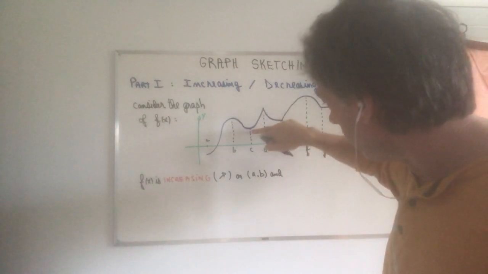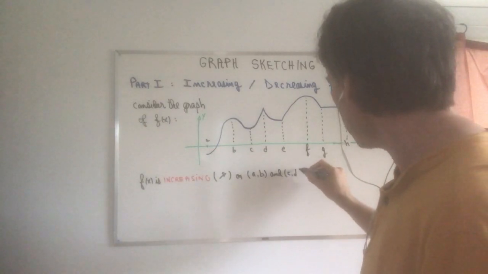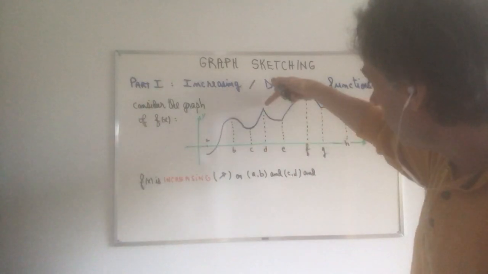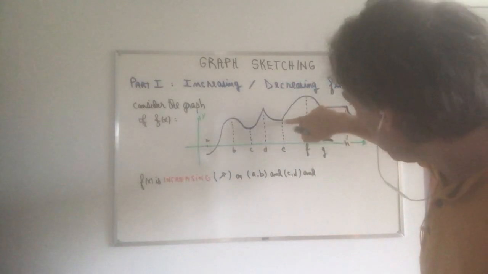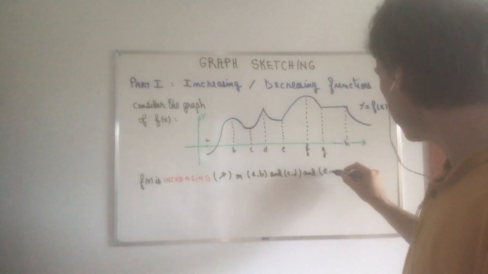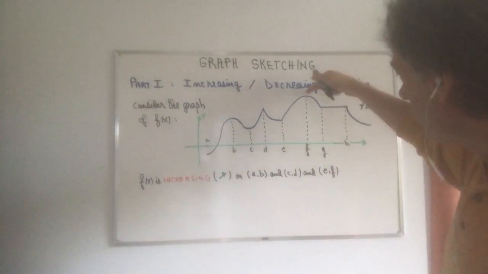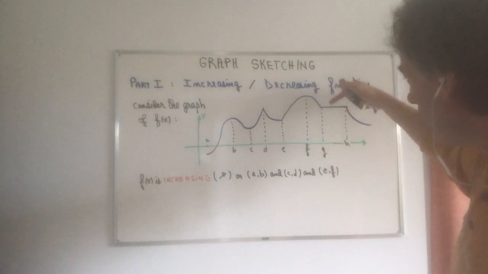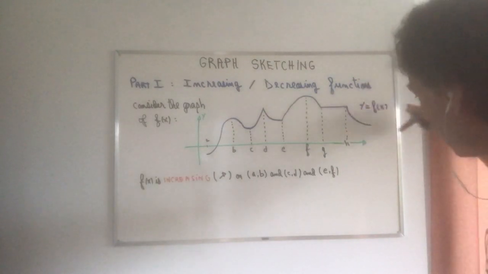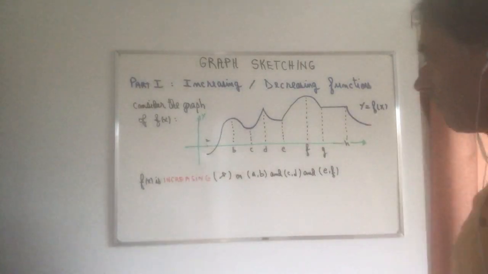But then it goes back up again from C to D. And then from D to E it goes down. And then from E all the way up to F it goes up again. And then from F to G it goes down. From G to H it seems to be going neither up nor down. And then from H to infinity it goes all the way down.